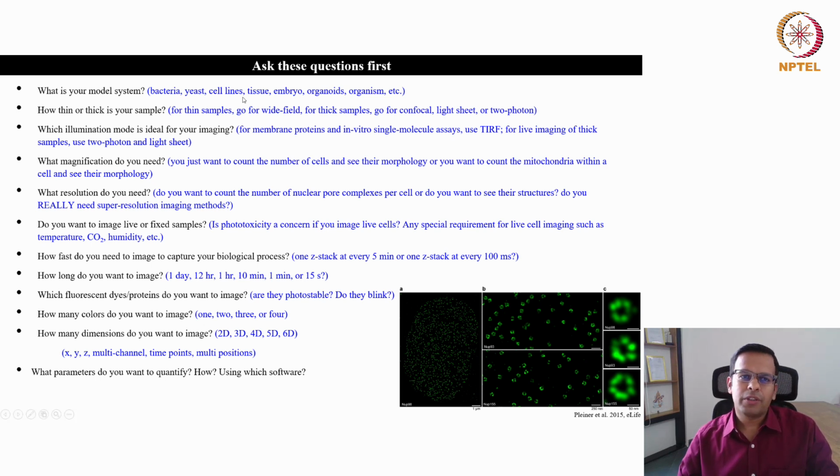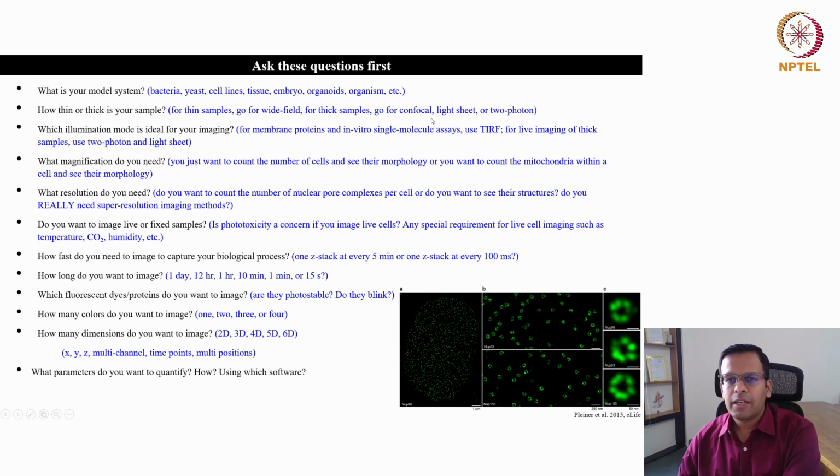For thin samples like bacteria and yeast cells, you should generally go for wide field imaging. But for thick samples such as thick tissue samples, embryos, organoids, or even imaging entire organisms such as zebrafish or C. elegans, you should go for confocal or light sheet and 2-photon illumination.